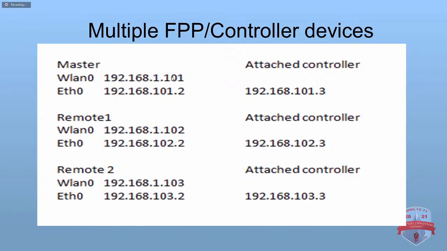So that 101 makes the subnet for the controller network of this one to be 101. Similar for remote 1. Its device is 102, so I'll make the subnet 102, and the FPP device is .2, the controller is .3. So in my feeble mind, it's a lot less numbers to try and remember.